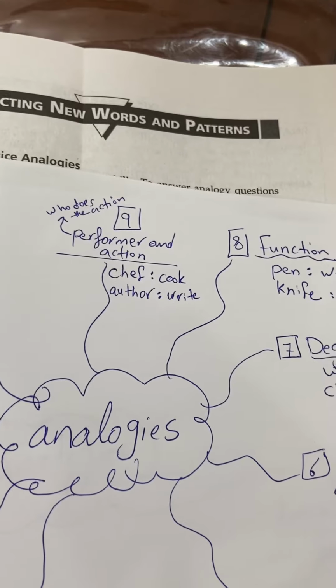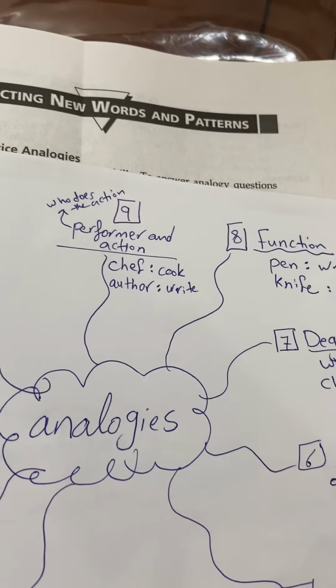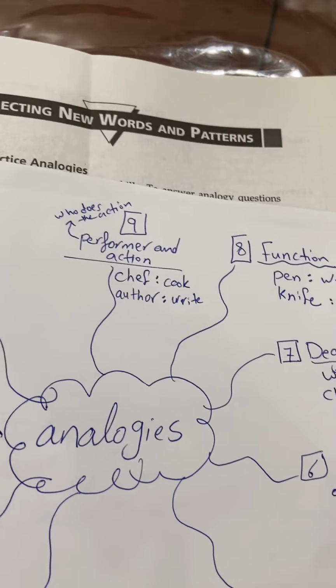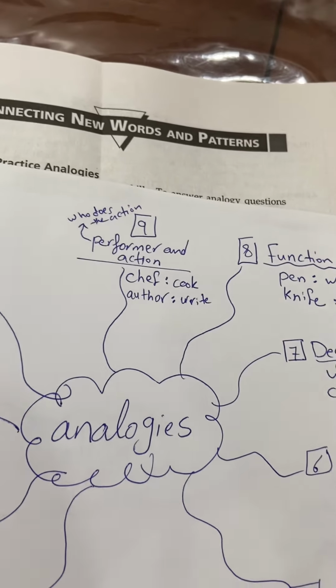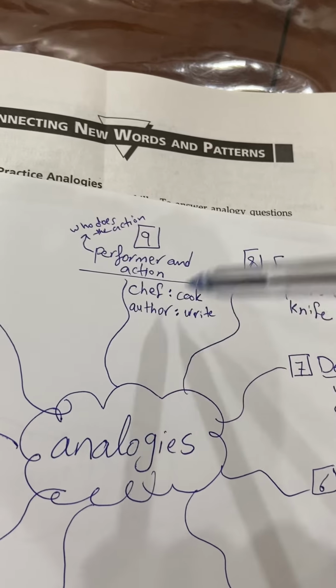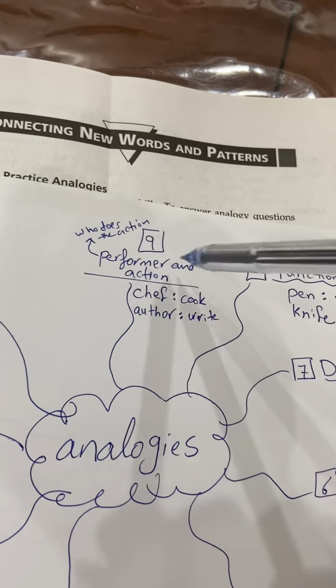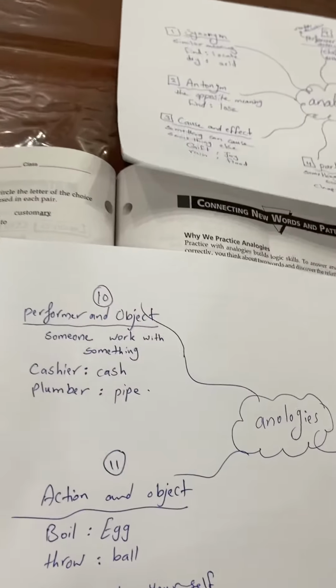So chef and author are performers because they do the action. These words have a relationship between them, or analogy, which we call performer and action. So these are 9 kinds.